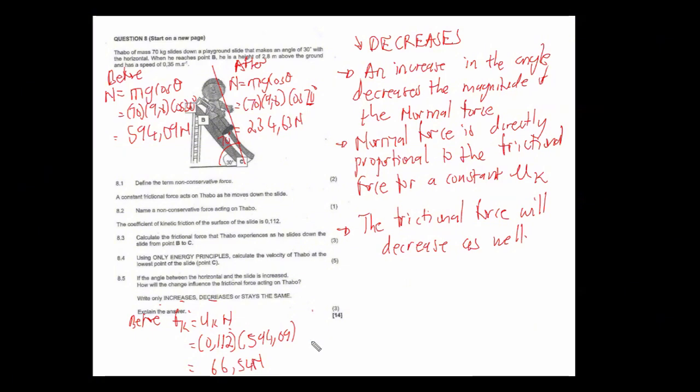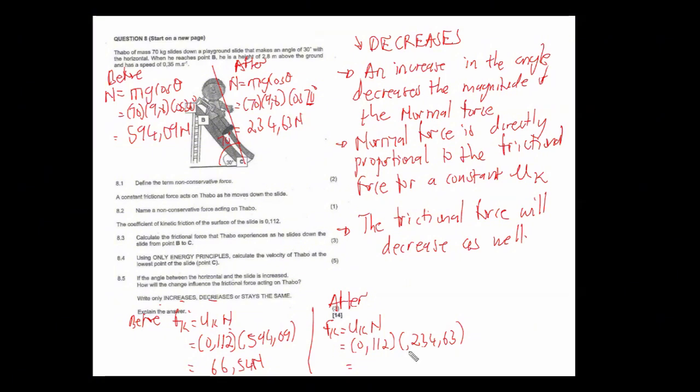But then the new one, so after the increase in angle, we have Fk is equal to mu k multiplied by N. This is 0.112, and then this is 234.63. And then let's see the Fk now. 0.112 multiplied by 234.63.